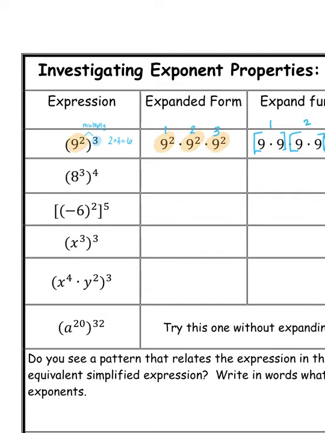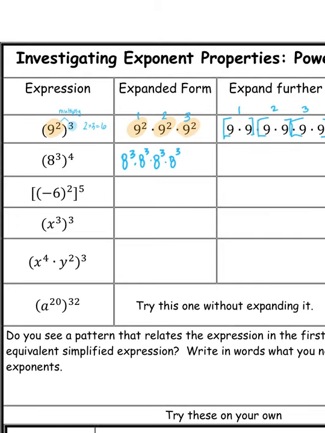Okay, so let's do this again in expanded form. So I have 8 to the 3rd to the 4th. So what this is saying is 8 to the 3rd times 8 to the 3rd times 8 to the 3rd times 8 to the 3rd, right? So we're multiplying 8 to the 3rd 4 times.